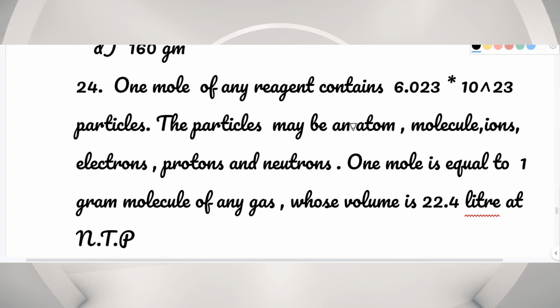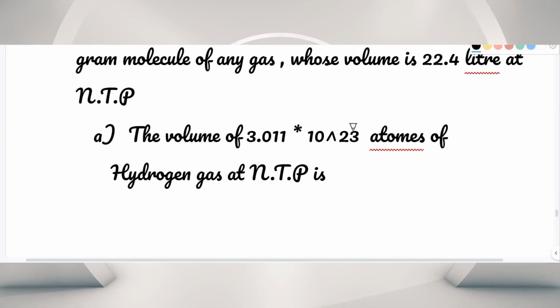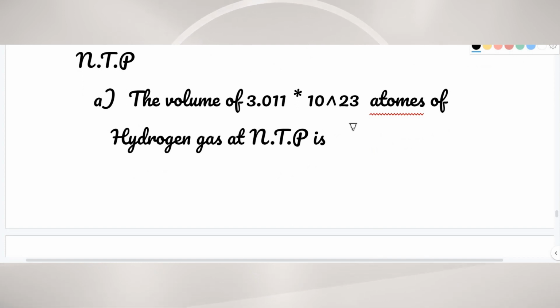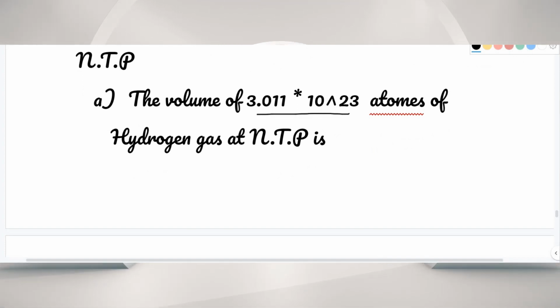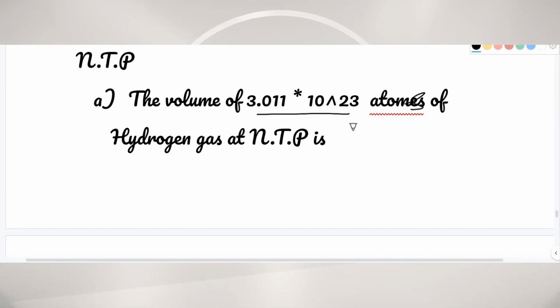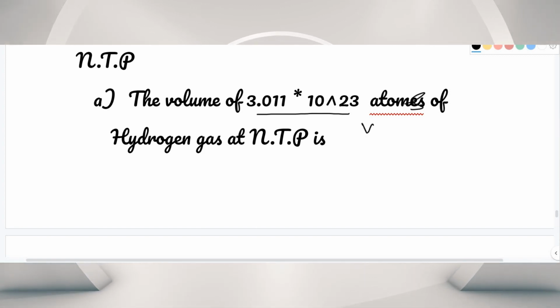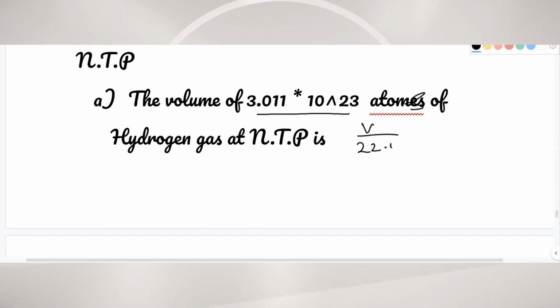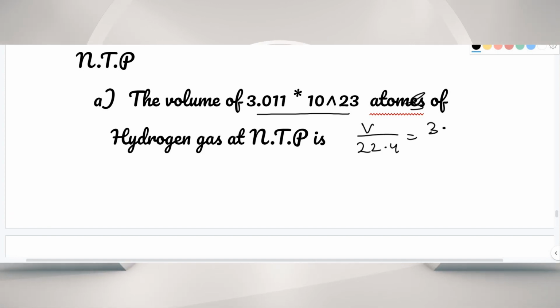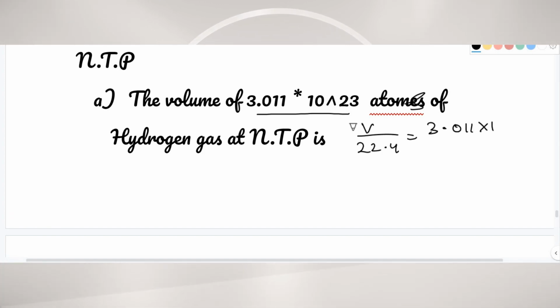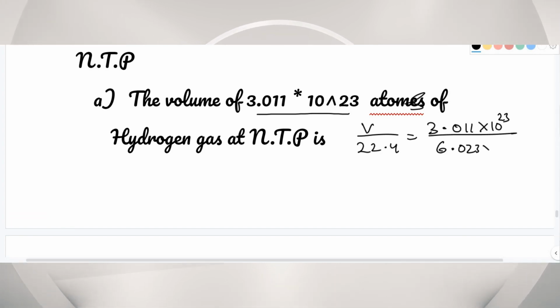24th question, I just read this case study question. That's the information. Let's move on to this. Volume of this many atoms of hydrogen gas at normal temperature and pressure is what? Very simple. Given volume by 22.4 is the number of particles, 3.011 into 10 to the power 23, by Avogadro number.